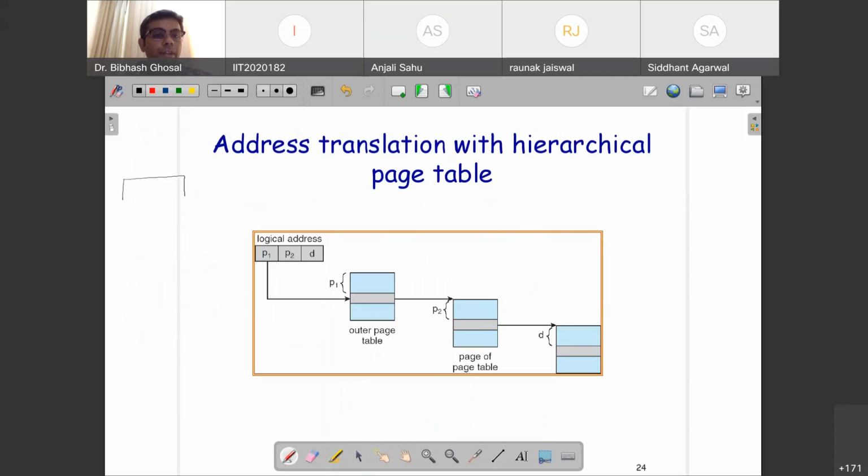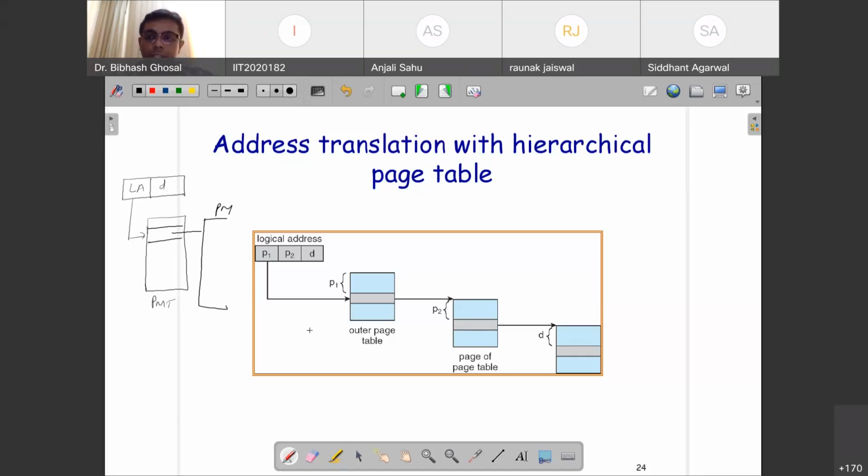Previously, we had a logical address and an offset. This logical address took us to a page map table, so the logical address will take us to one of the entries of the page table. But remember, in the previous case, this would have directly taken us to physical memory.